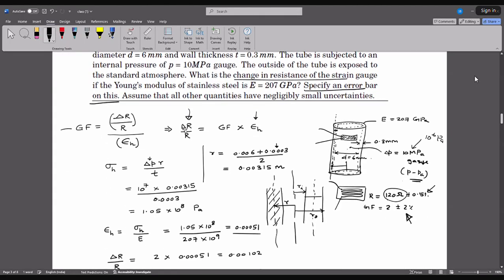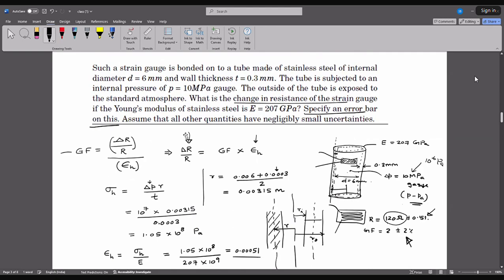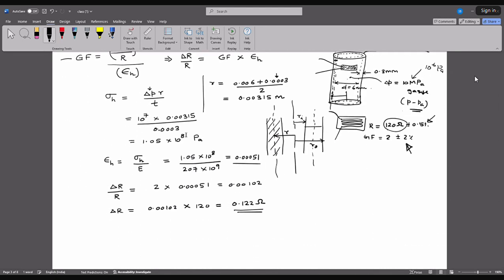So this delta R over R is given. So basically, your delta R is R into gauge factor into epsilon h.